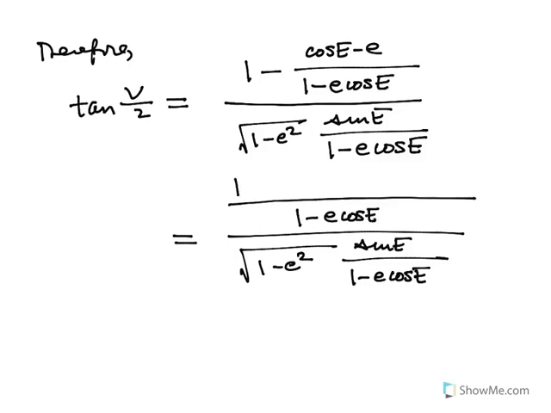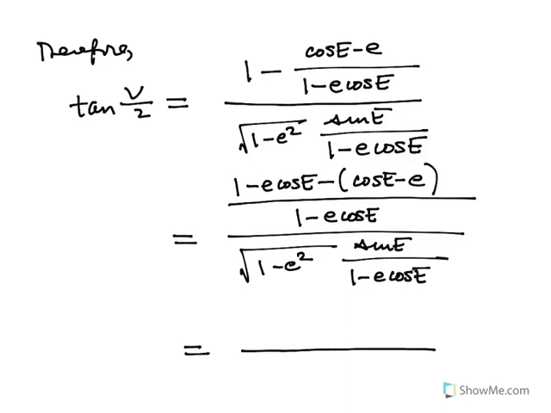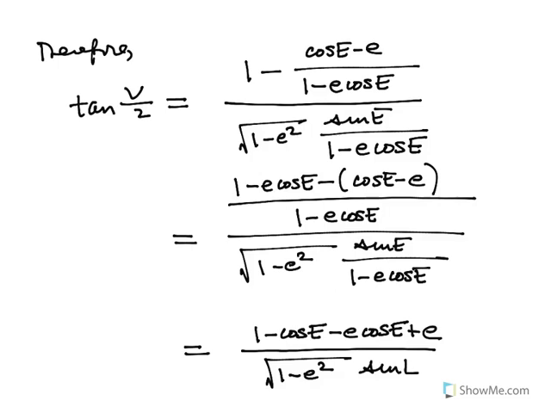And that numerator then becomes 1 minus e cosine of e minus cosine of e minus e, from which we can actually cancel the 1 minus e cosine of e in both the numerator and the denominator to just get the following fraction, which, if you notice, you've got 1 minus cosine e, and then you've got minus e cosine e, and then plus e, all divided by the square root of 1 minus e squared times the sine of e.